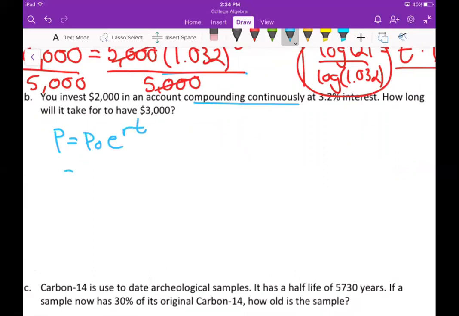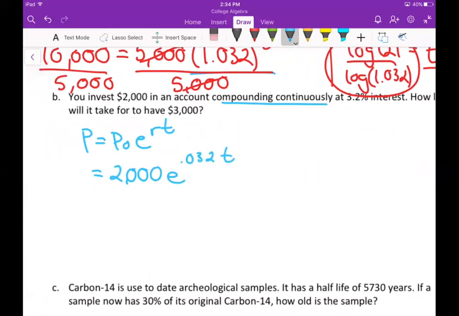We're starting out with $2,000, so we plug our 2,000 in. The e is just a constant. We're doing it at a rate of 3.2%, so 0.032. And t is what we're looking for. We want to know how long it will take to do what? To get $3,000, so that will be our output.